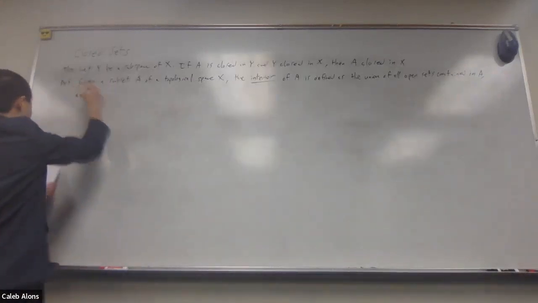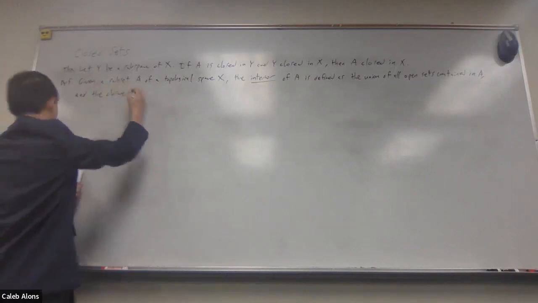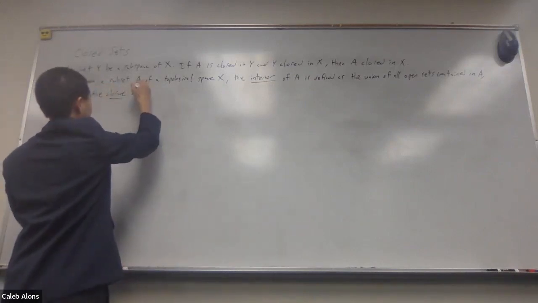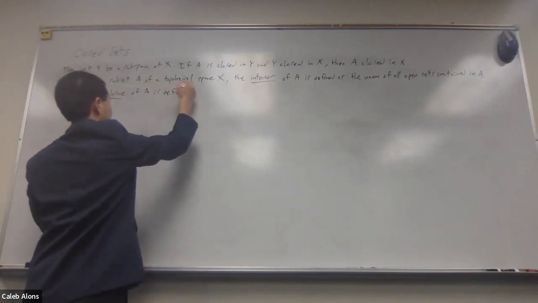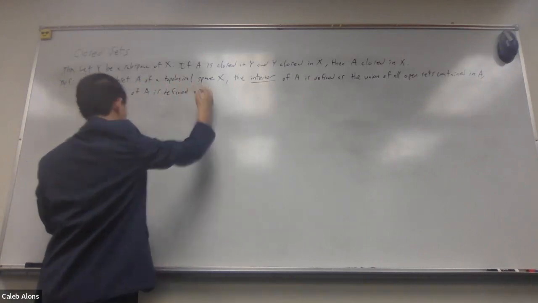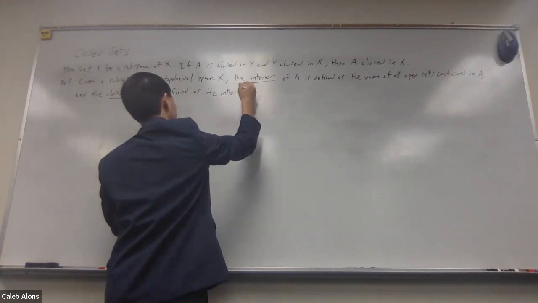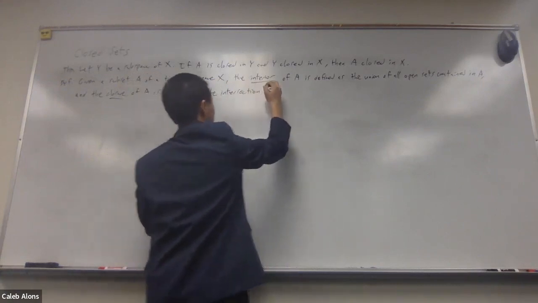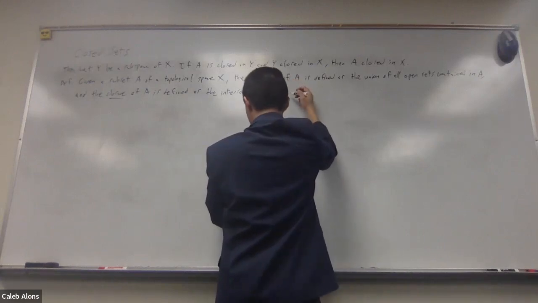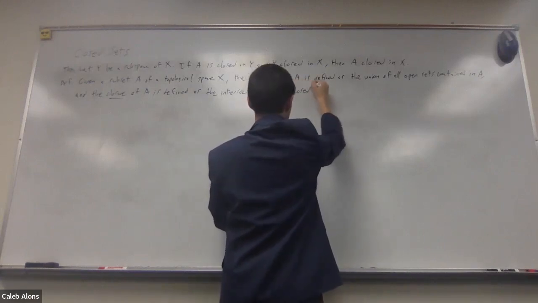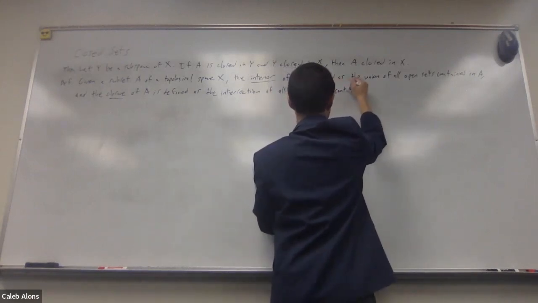And the closure of A is defined as the intersection of all closed sets containing A. Aha. Good.